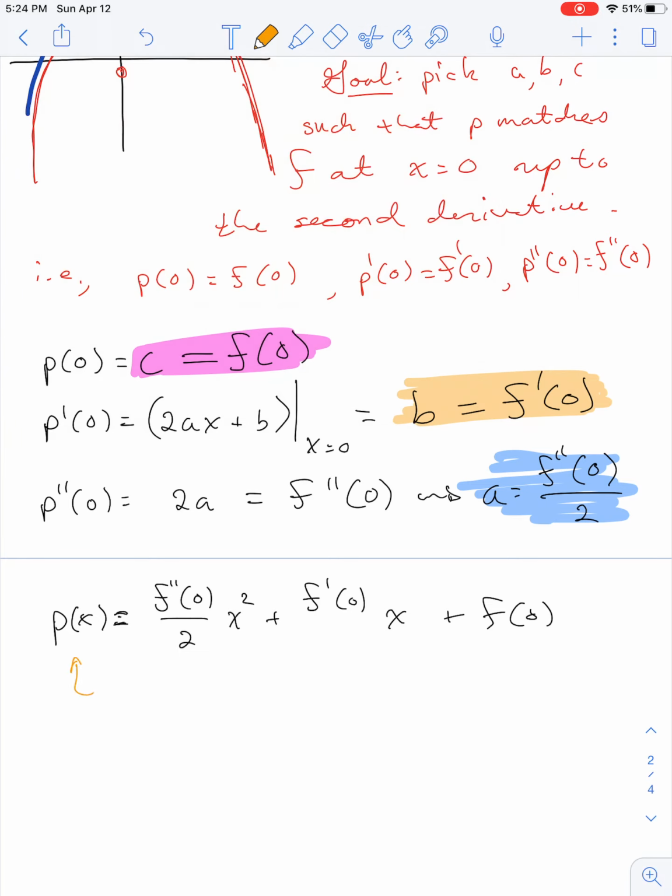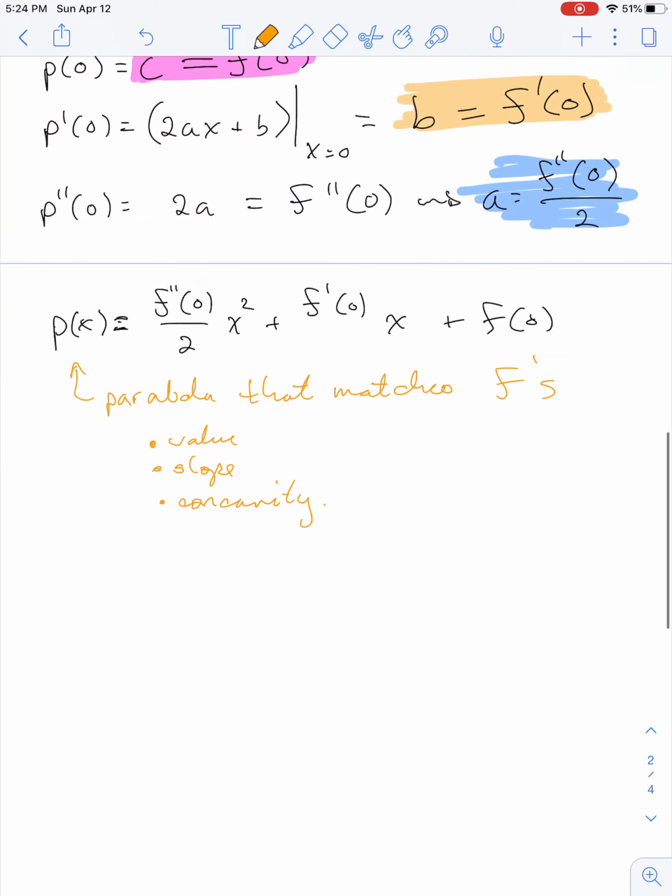This is my parabola that matches f's value, slope, and concavity, all at x equals 0.